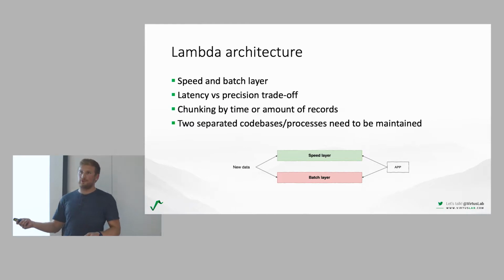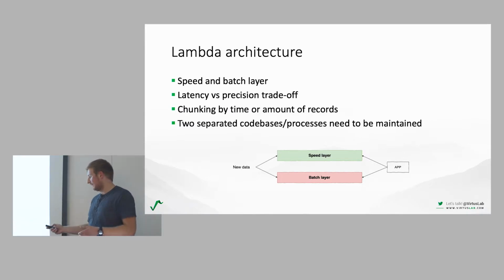You also have two separate code bases to maintain, because these two layers most probably are different applications, probably using different technology stacks. When you need to enrich the platform or implement another feature, you need to change them both, so the cost is almost double.